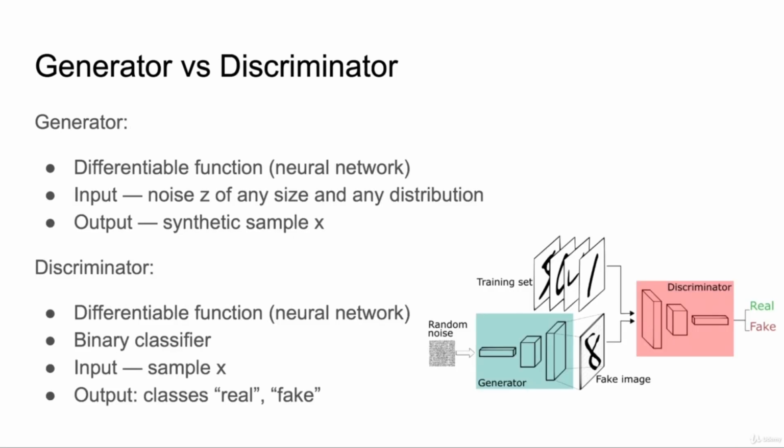The input of the generator could be noise from any distribution and of any size, so it can be a vector of noise. And the output is a synthetic sample. The input for the discriminator is an object, in our case an image, and the output is the probability of this image to be real or to be fake. So the discriminator outputs one probability, as a binary classifier: the probability of the image to be real.